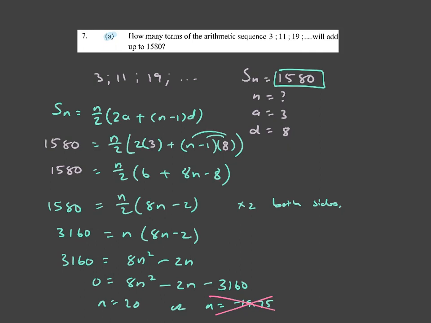I mean, that doesn't make any sense. It must be n is equal to 20. That means the sum of the first 20 terms of that sequence that starts at 3 with a common difference of 8 will have a sum of 1,580.